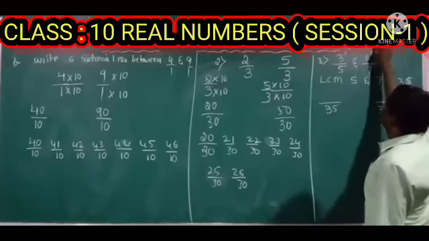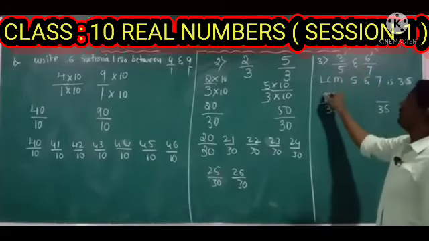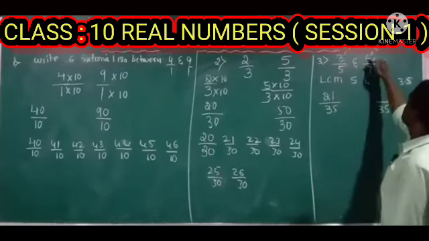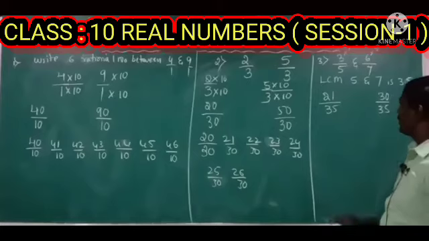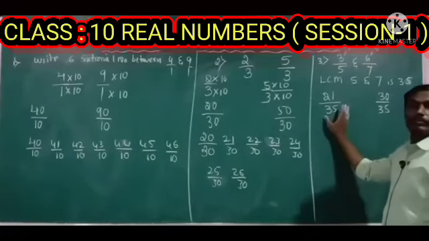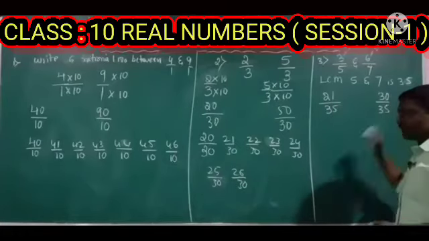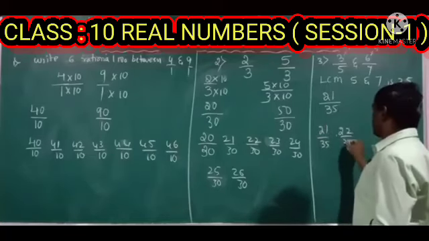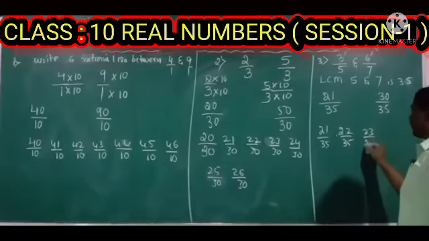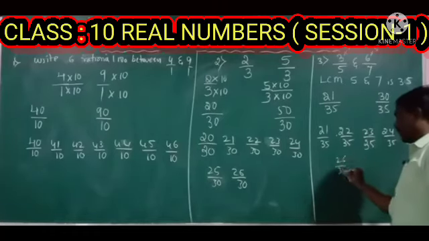Here 7 5s are 35. Now multiply the numerator. 7 3s are 21. 6 5s are 30. Now you can easily write the rational numbers existing between 21 by 35 and 30 by 35. So 21 by 35, 22 by 35, 23 by 35, 24 by 35, 25 by 35, 26 by 35, right?